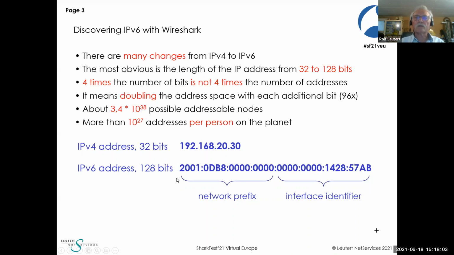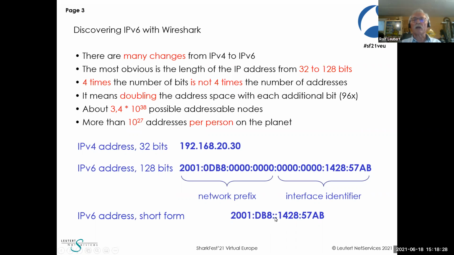One good thing is that's not the way you always have to note the address. There is a much easier way. You can get rid of the leading zeros. For example, here, the leading zeros, you can get rid of it. And if you have a number of consecutive zeros, you can get rid of them all by the double colon here.